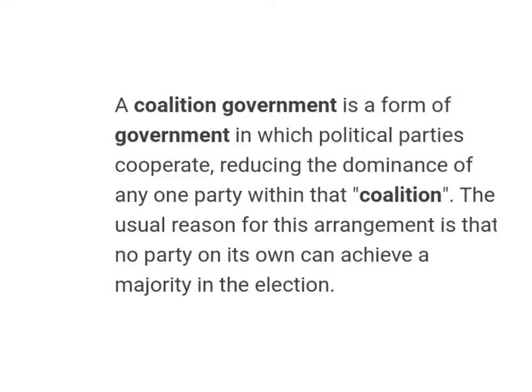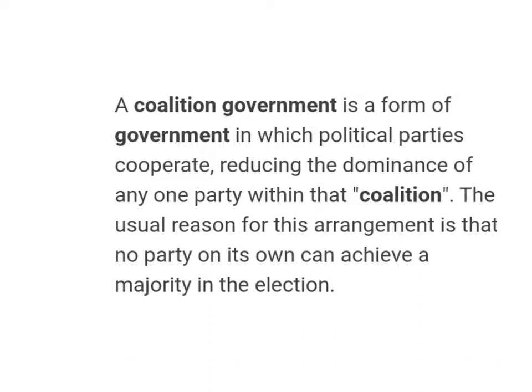So there is no dominance of one party, but there is mutual understanding of these three parties. They form the coalition government, and that coalition government will make the laws and policies for the people of India.